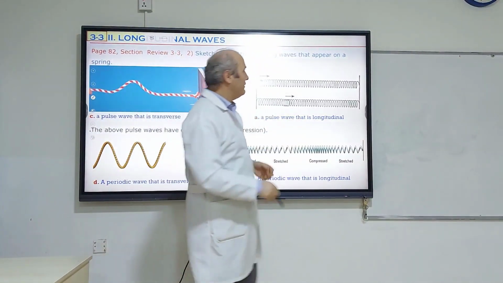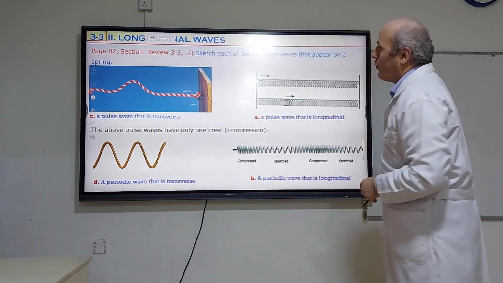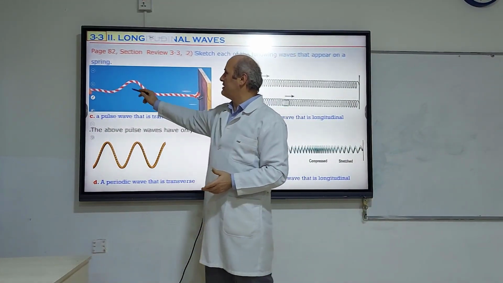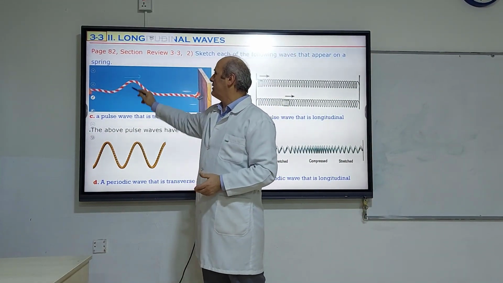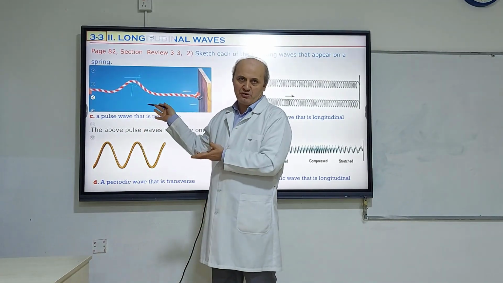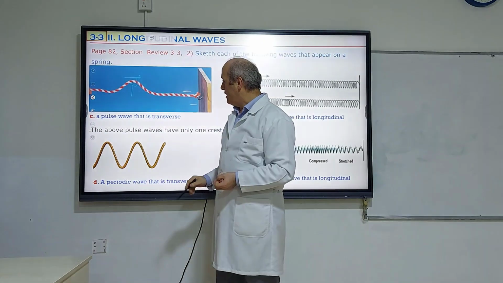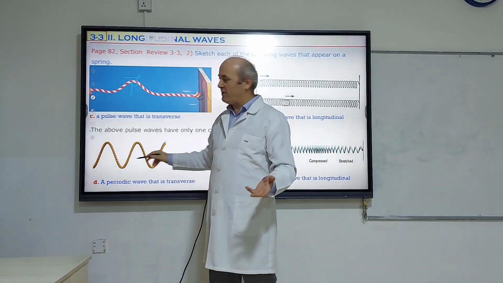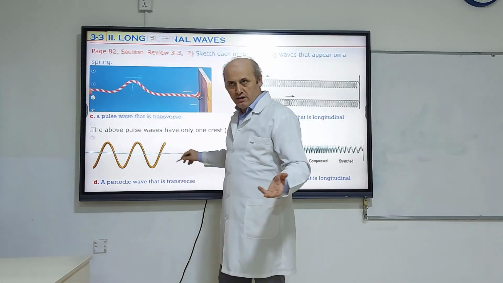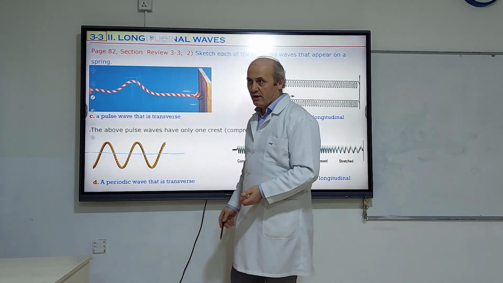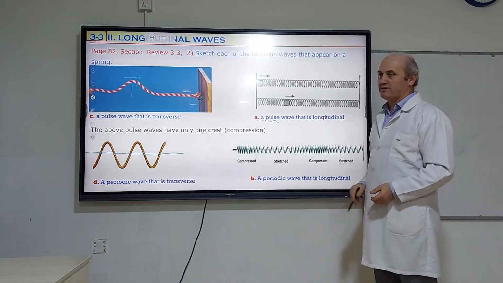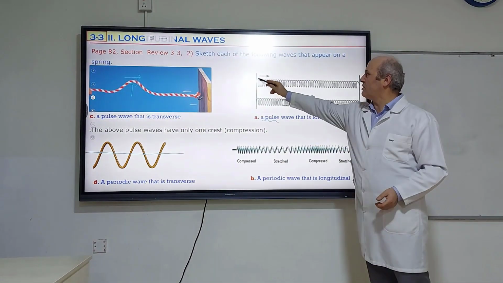Okay, now define a transverse pulse. This is a transverse pulse, as you see, traveling perpendicular to the wave motion. A periodic transverse wave is several pulses together. But for a longitudinal wave, a pulse is a single compression.